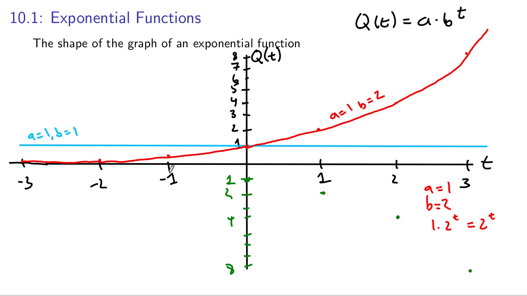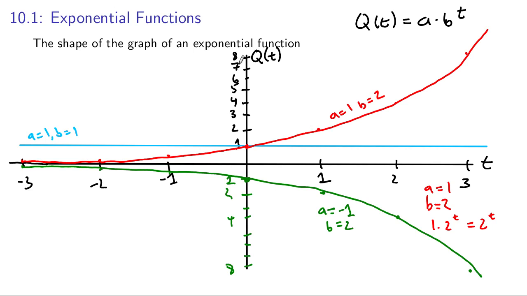And on this side we'd have negative 1/2, negative 1/4, negative 1/8. So you see it's just the same shape reflected about the t-axis, the input axis, when we negate A. So this is A is -1, B is 2.